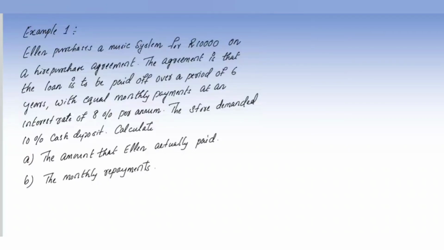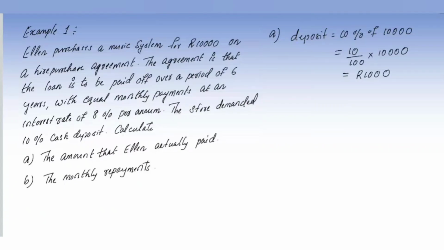So you first calculate the deposit, that is 10% of 10,000, that is 10 over 100 times 10,000. What is that answer? 1,000 Rand. You have to pay 1,000 Rand as deposit.